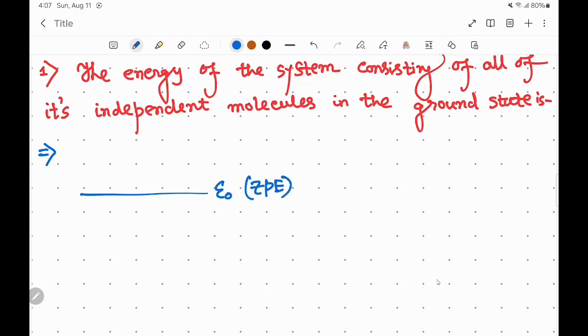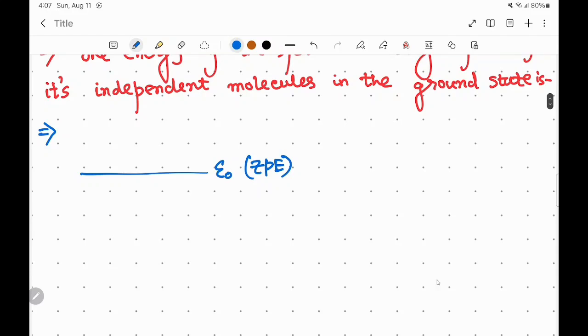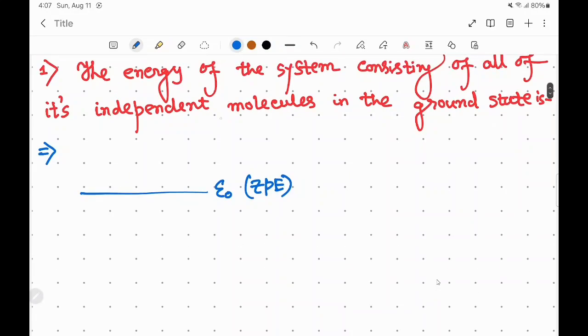When you consider independent molecules and calculate the energy, you have to consider all types of energy. In internal energy, you have to consider all sorts: rotational, vibrational, translational, electronic.